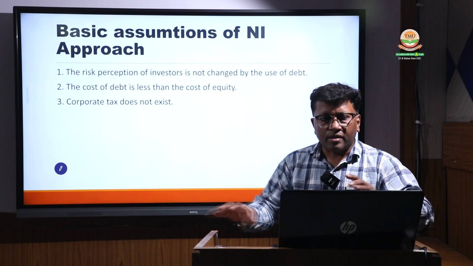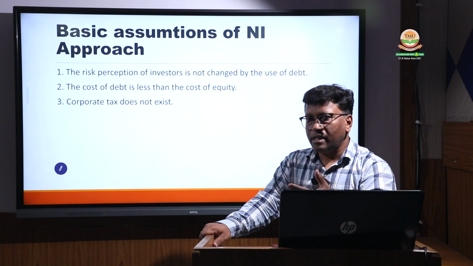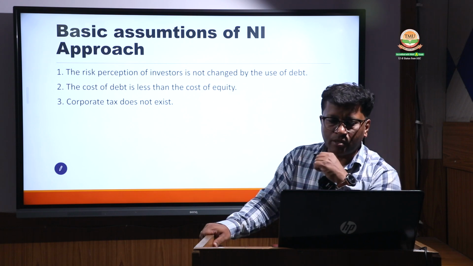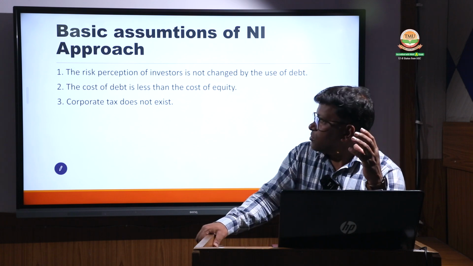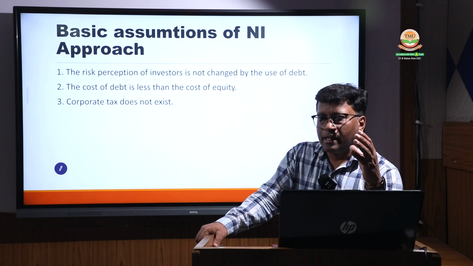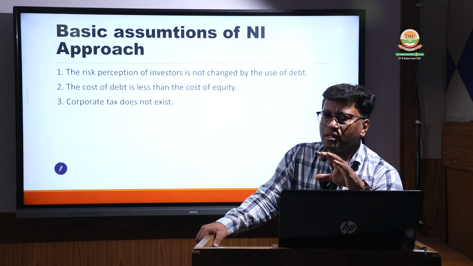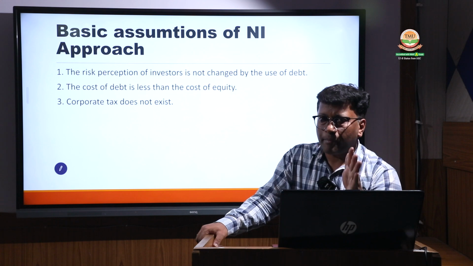So the very first, again, I would like to repeat so that you can easily understand this particular theory of net income approach. That is relevance theory. You can say in order to increase the profitability, the company is using debt capital and equity capital. Both the capitals are being used, right?